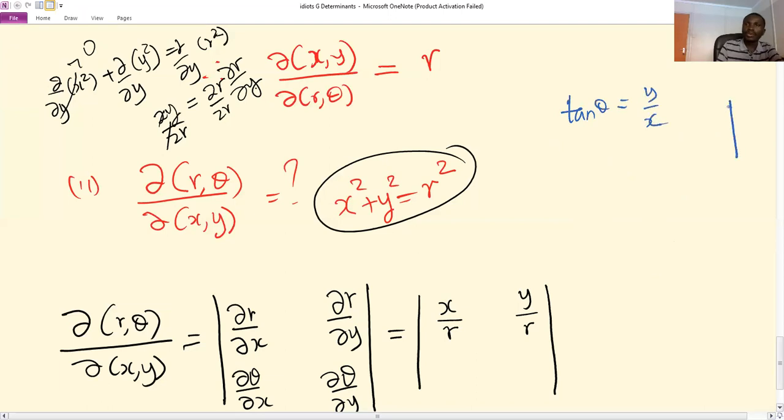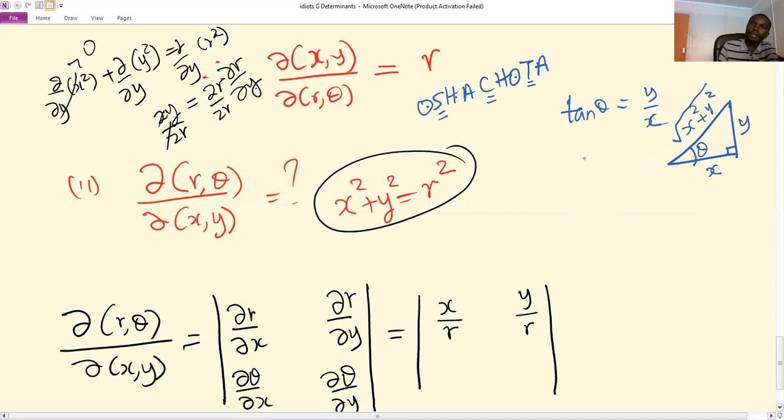If you draw a right angle triangle and put your theta, from SOH CAH TOA, tan is opposite over adjacent, cosine is adjacent over hypotenuse, sine is opposite over hypotenuse. So opposite is y, adjacent is x, so the hypotenuse will be the square root of x squared plus y squared.